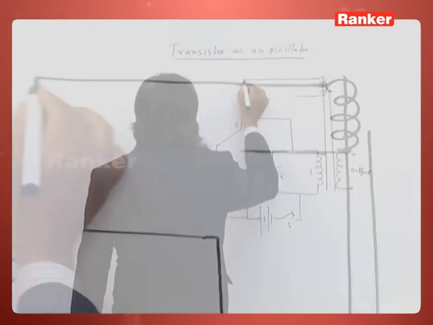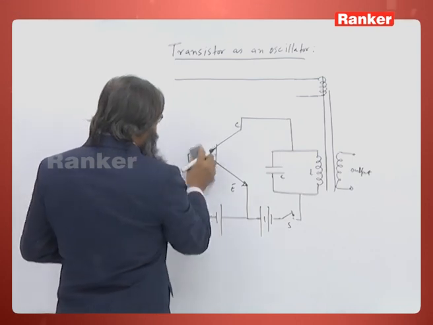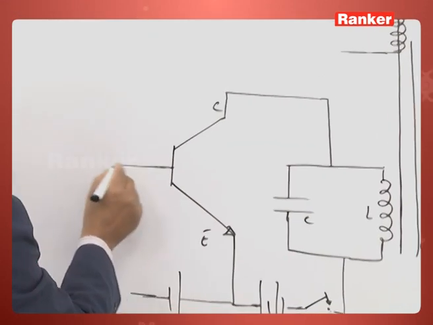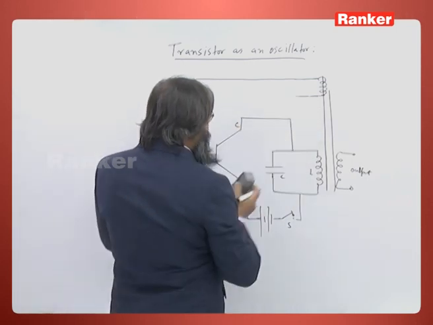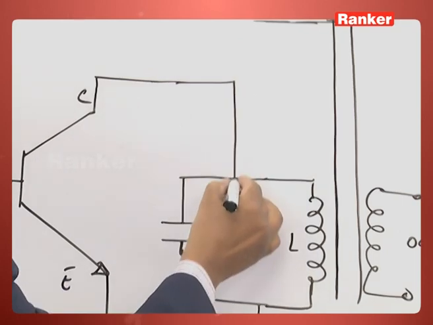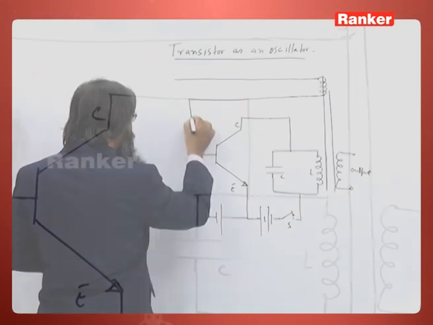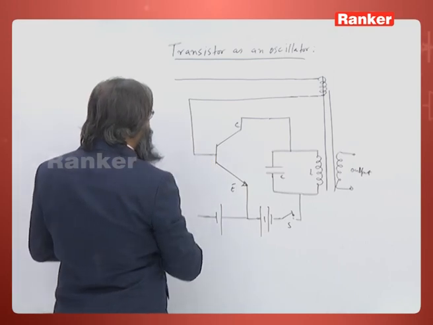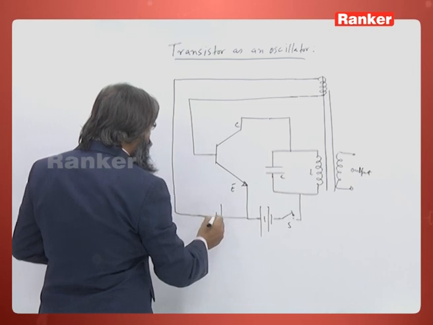One end of this coil is connected to the collector, and the other end is connected to the base, and then this is connected back to the cell.